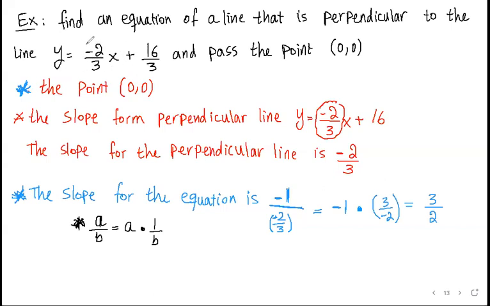After I find its slope, I have to use the formula: -1 over the slope of the perpendicular one. Then I get the slope for the equation I'm looking for. Until here, is it clear how to find the slope for the second one?